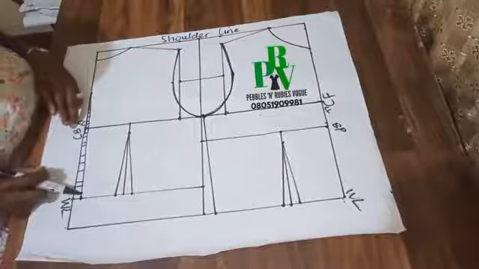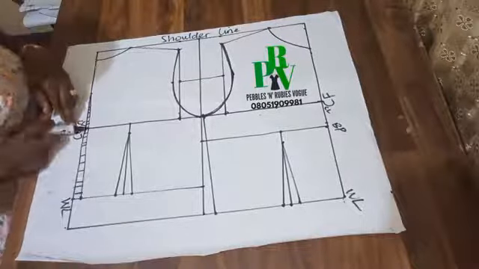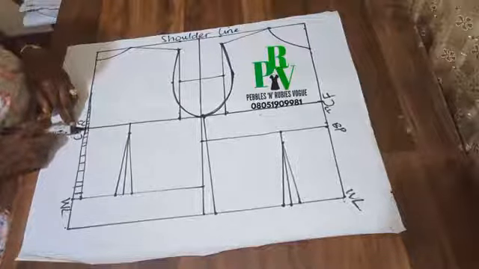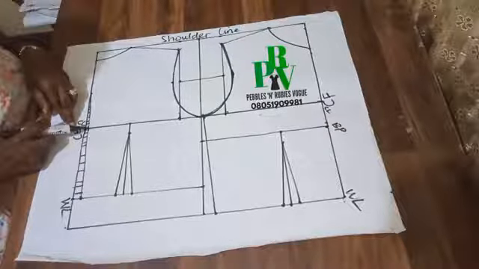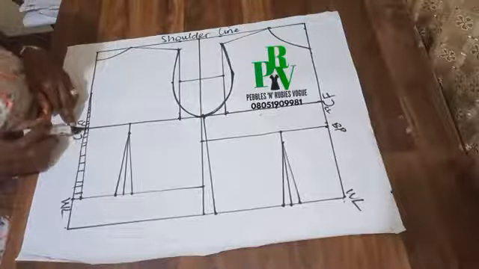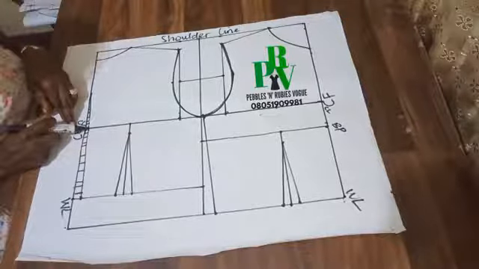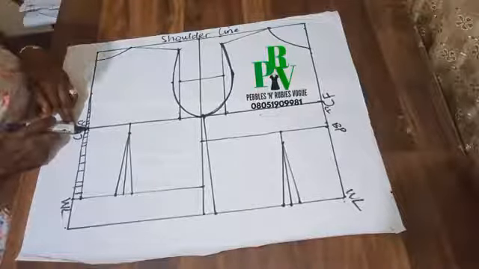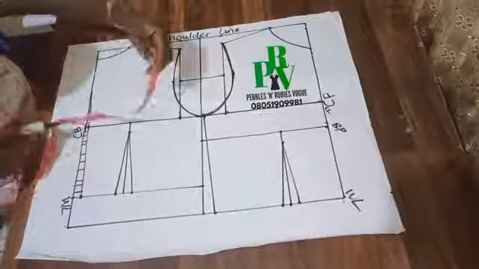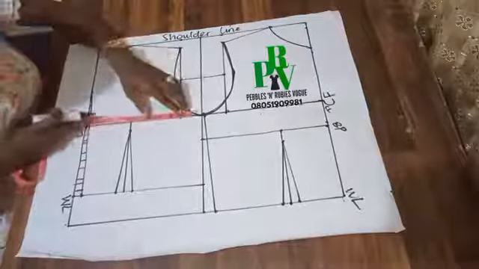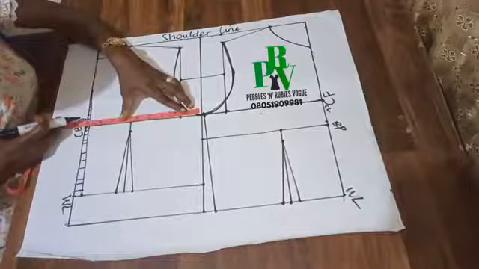This is our slanted line here. So my measurements start from that line, not from exactly the center back, because this is going out of the block. So this is my new center back now. From this line, that is where I'm taking my measurement. So I'll take 8.75 from that point.